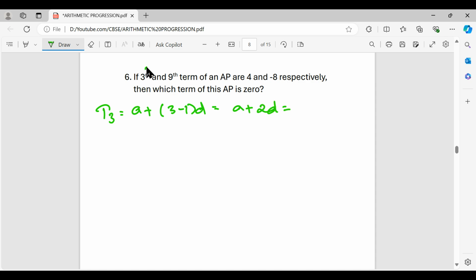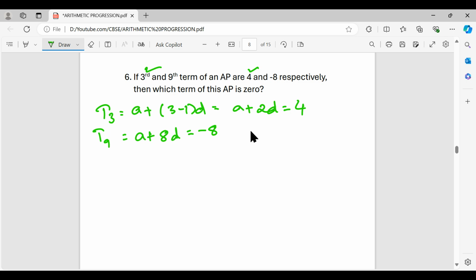So the third term is 4, so a plus 2d equals 4. Now the ninth term, T9, that is a plus 9 minus 1, that is 8d, which is equal to minus 8. Then, which term of the AP is 0?